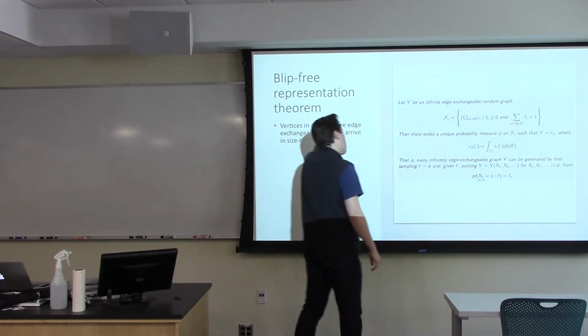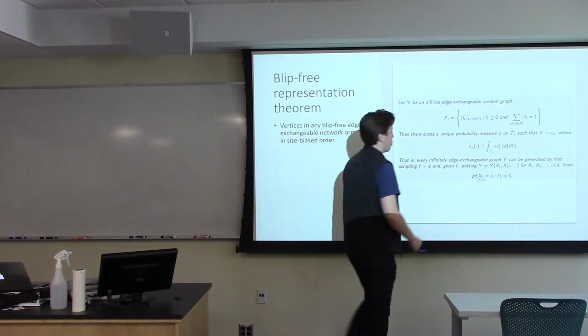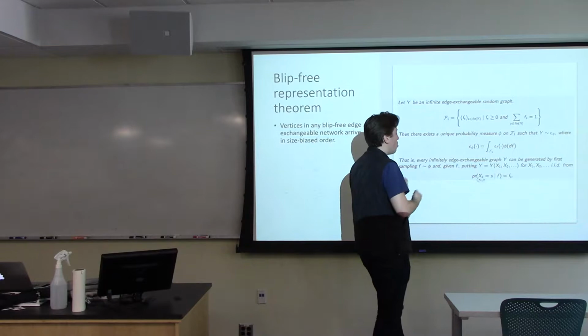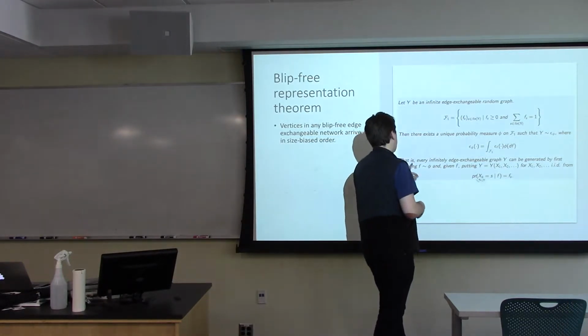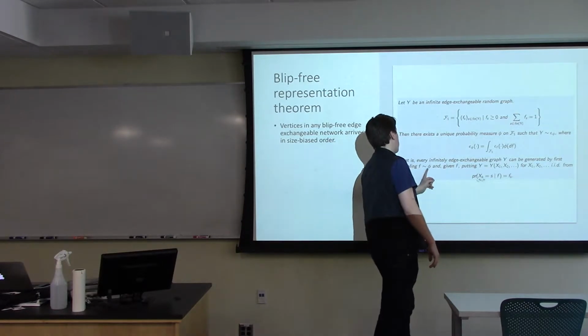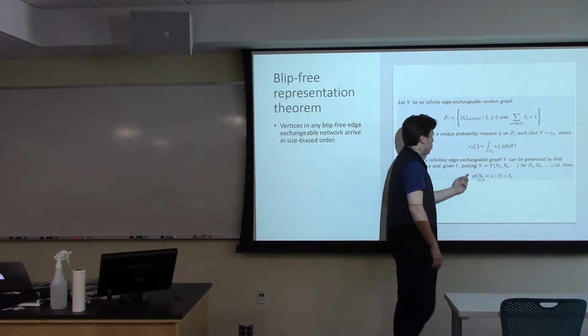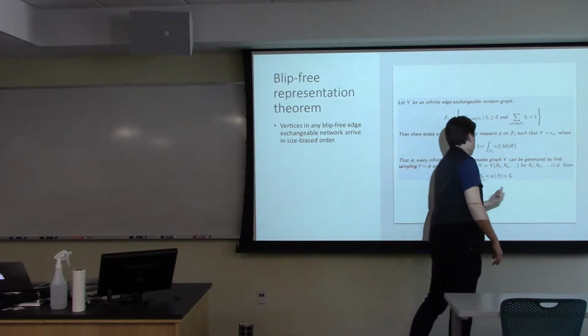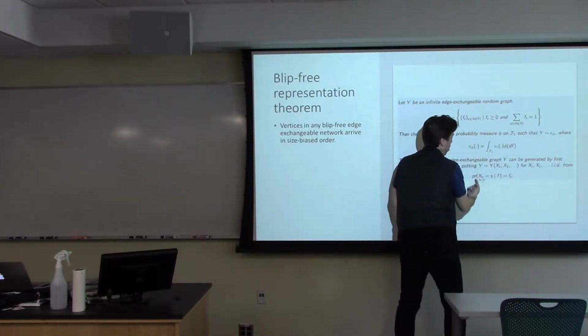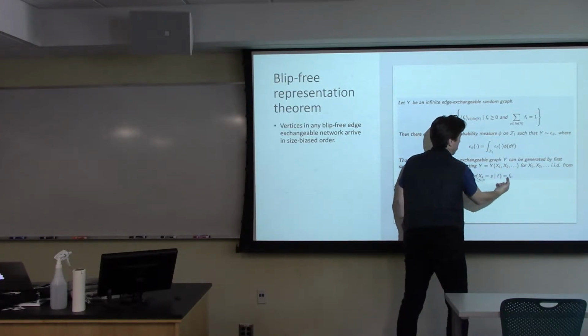The only thing I think is important for intuiting what is going on from the representation theorem is that I sample f from some distribution phi, and given f, the probability that this k part of the object is equal to s is f_s.